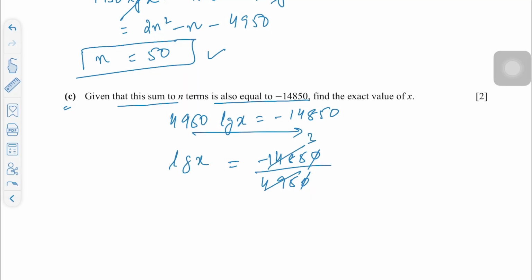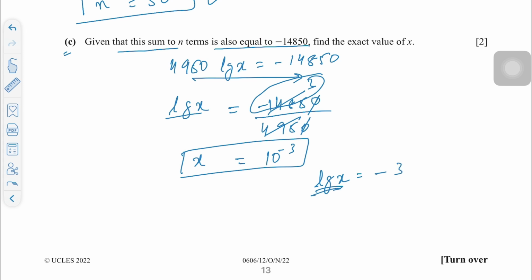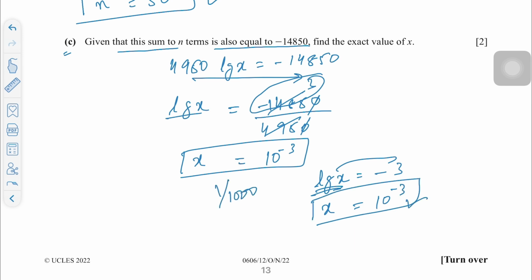So this would be lgx equals negative 3. To remove this lg, we'll move this into power of 10. So this would be x equals 10 power negative 3, right? So if we have lgx equals negative 3, we have to remove this lg. We can move this into power of 10. So this is basically written like this, right? And it can be written as 1 over 1000 as well, right?